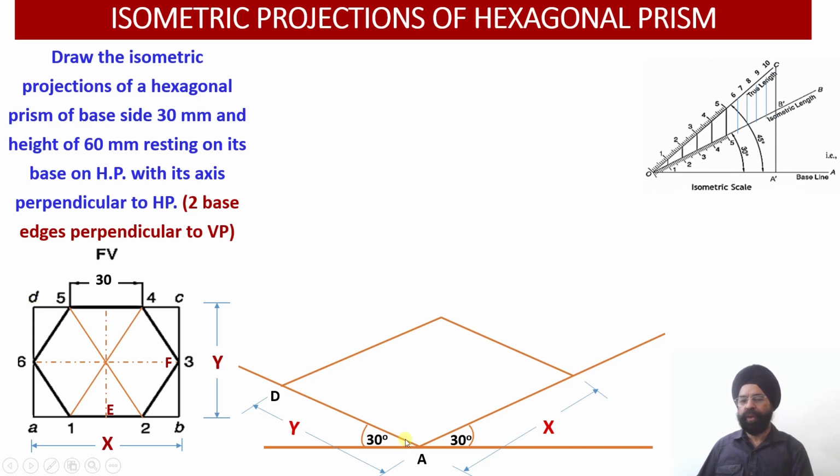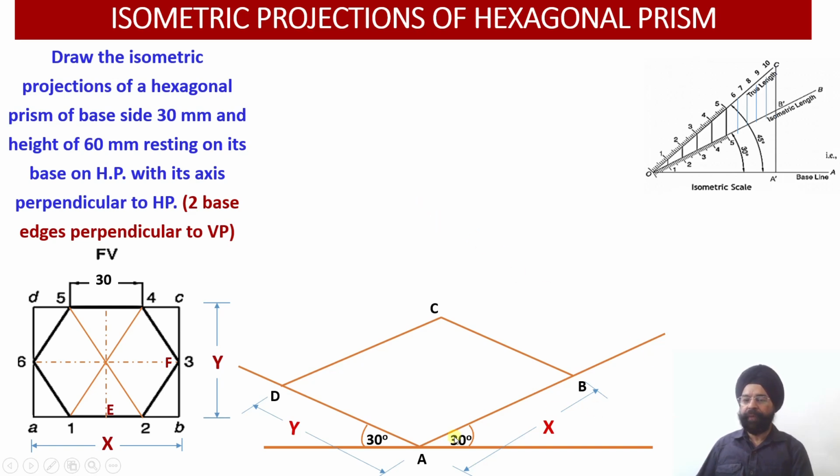So AD has been located along the x-axis and AB along the z-axis, so that points 1 and 2 will be located here and points 4 and 5 of this hexagonal base will be located along this direction. This will give us perpendicular orientation with respect to the vertical plane.